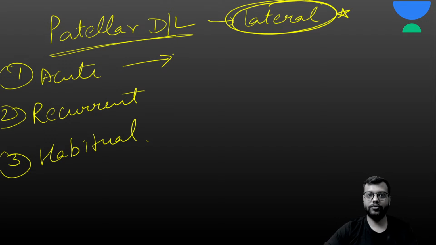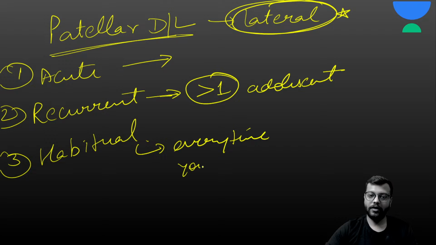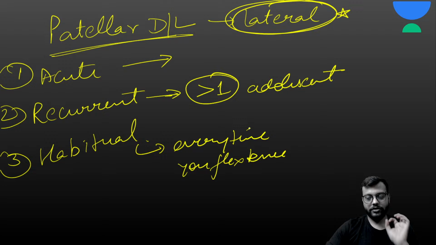So here what you do, you will reduce the patella. What is recurrent? Recurrent is if the patellar dislocation has happened more than once, generally in the adolescent population. And habitual is when every time you flex the knee, the dislocation occurs.